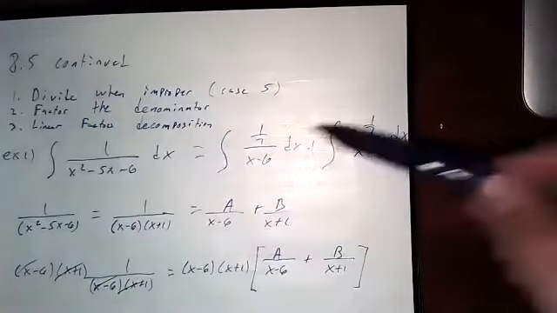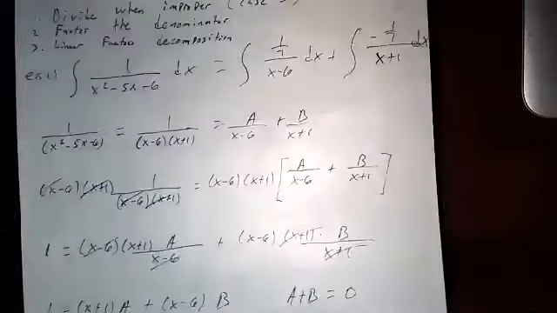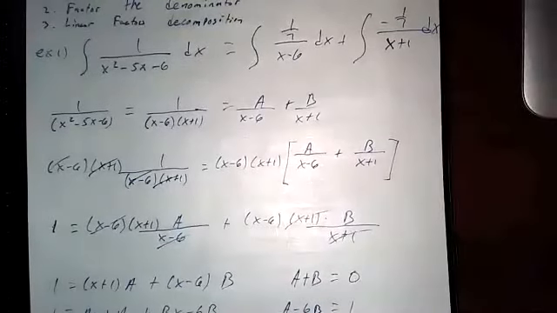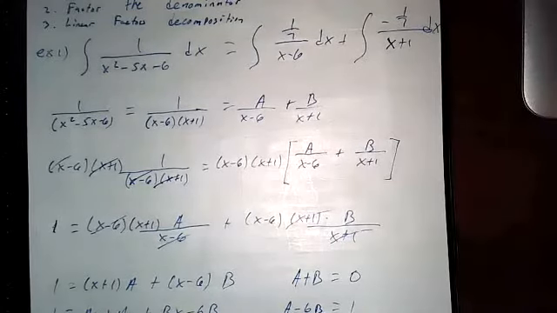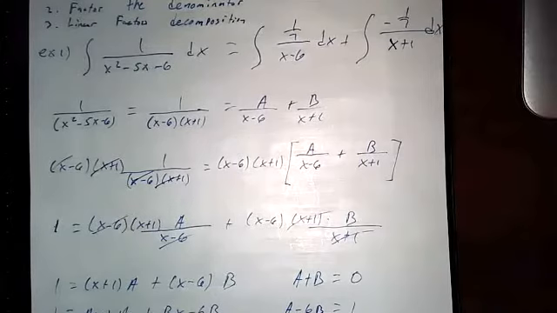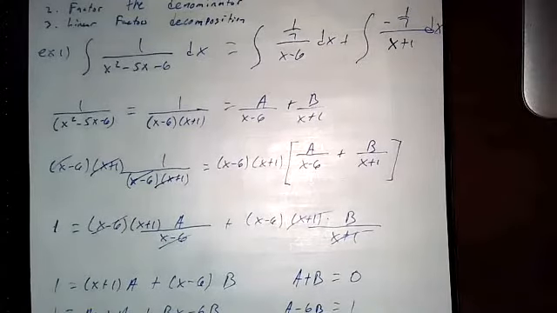So see how these are easier? So you'll have the integral. You can just pull out the 1/7 because it's just in the way, right? Of dx over x minus 6 minus 1/7 dx over x plus 1.